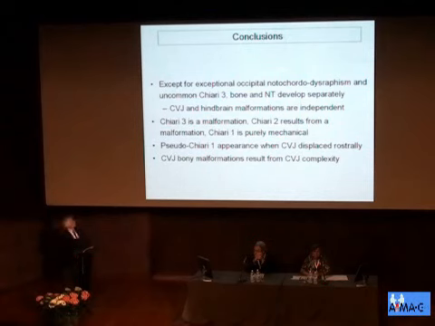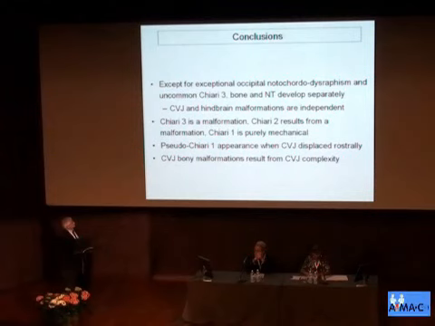So to conclude, except for the major early malformations of the posterior fossa and upper cervical spine, and the very uncommon Chiari 3, the bone and the neural tube develop separately, and the craniovertebral junction and the Chiari malformations are independent.